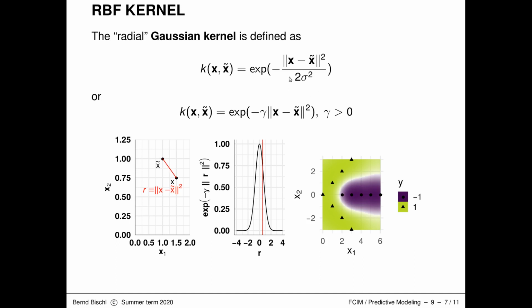You will see this type of computation also later when we discuss Gaussian processes, where this encodes the correlation of our outputs at the two observation points, so to speak. Here we'll simply interpret this as a measure of similarity.